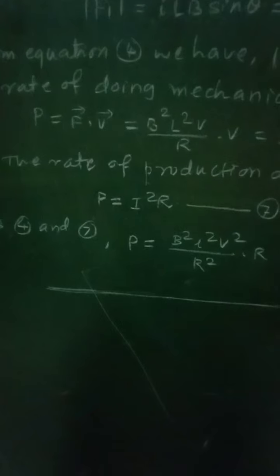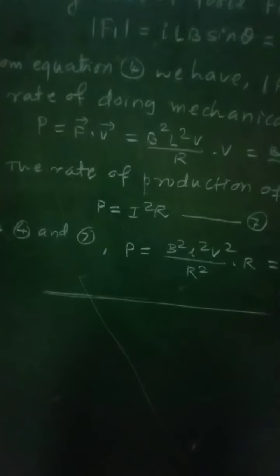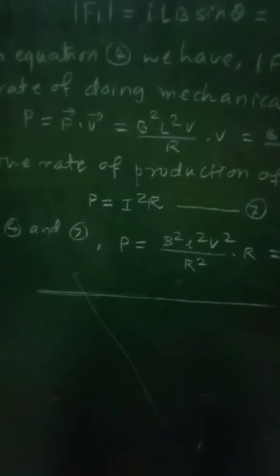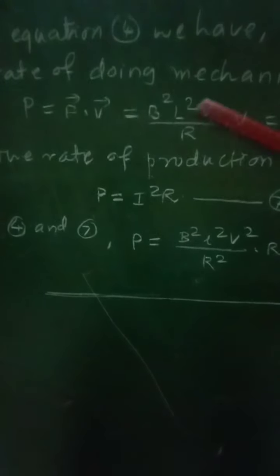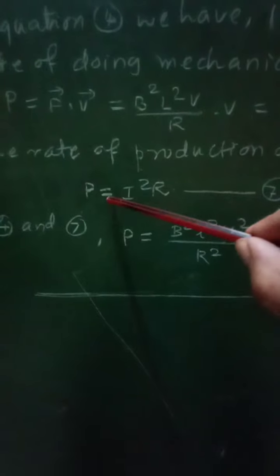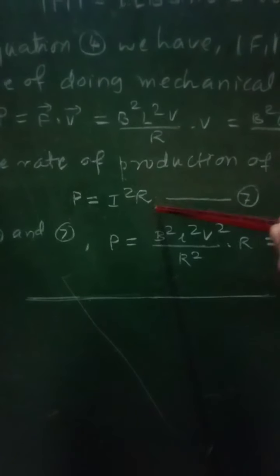If you consider any closed loop, then according to Joule's law, when electric current is passed through any conductor of resistance R, heat will be produced in that conductor, and the rate of production of heat energy, that is electrical power P, is given as I square R.